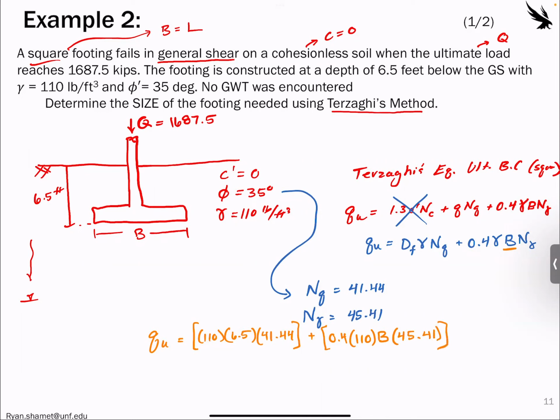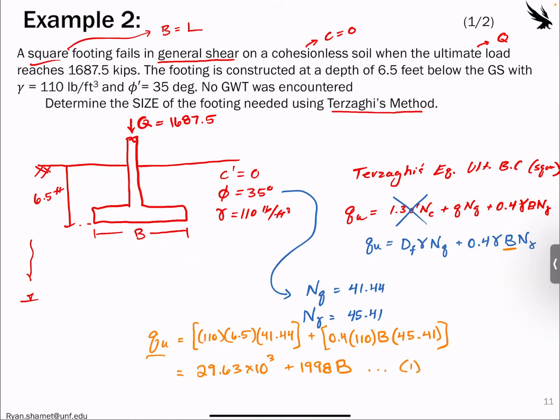Okay, so everything in here is known, except obviously the bearing capacity value. But what we can do is just go ahead and simplify this. I'm going to do that to get 29.63 times 10 to the 3, plus 1998 times the base.